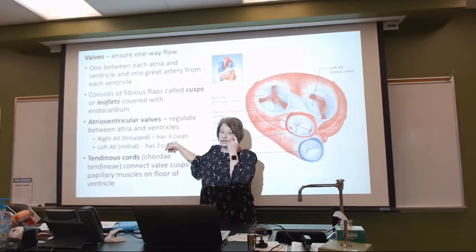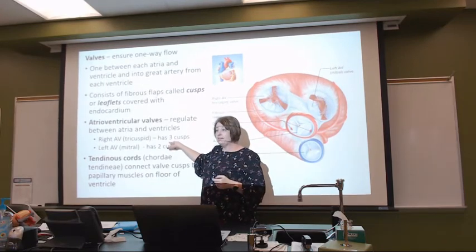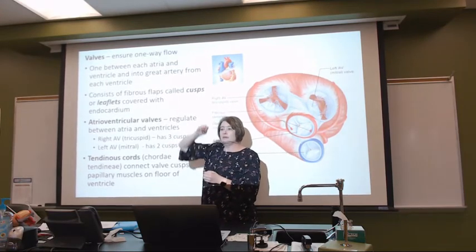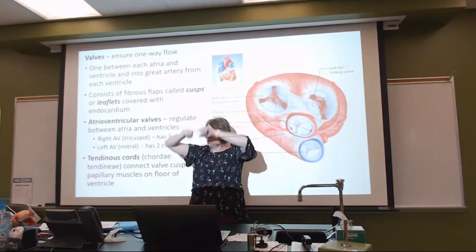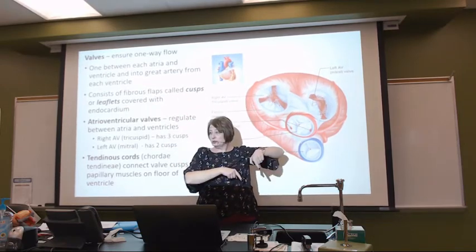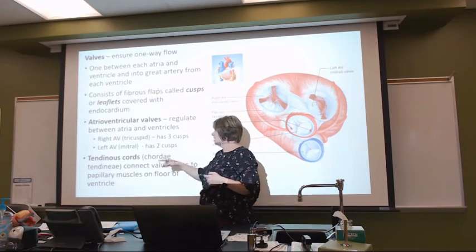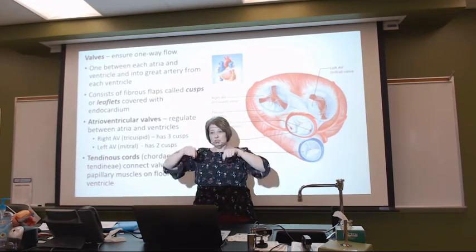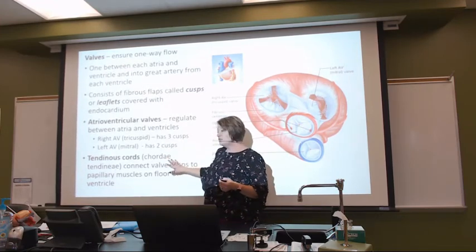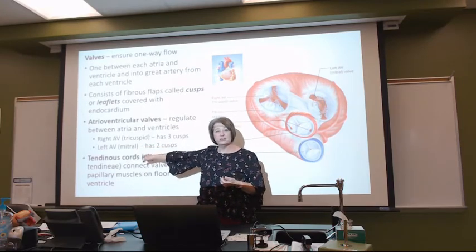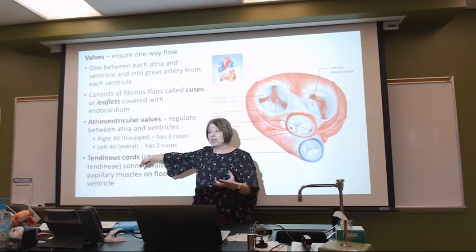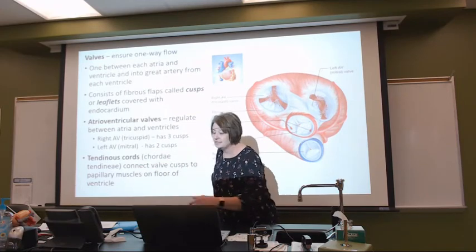Like I showed in the picture, the right had the 3, the cords that were attaching to it, to the mountains of muscle that I tried to point out. The left had the 2 mountains, and those cords are tendinous cords, like a tendon.